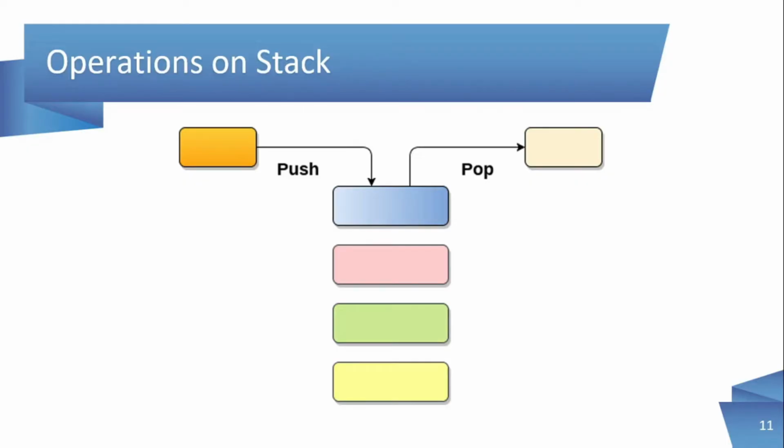This feature makes it a LIFO data structure. LIFO stands for last in, first out. Here, the element which is placed or inserted or added last is accessed first. In stack terminology, insertion operation is called push operation and removal operation is called pop operation.